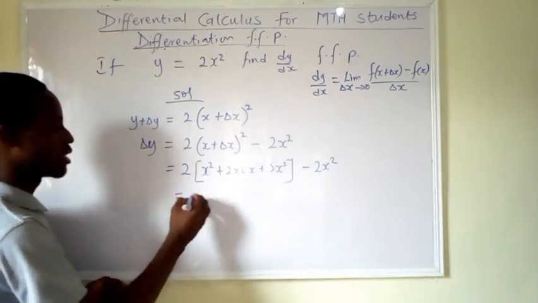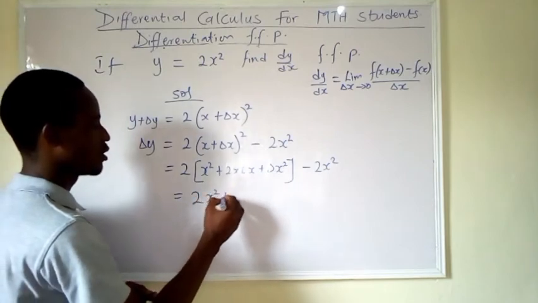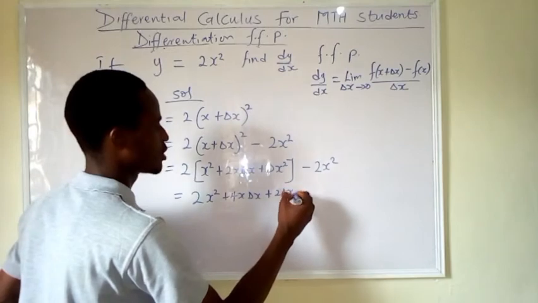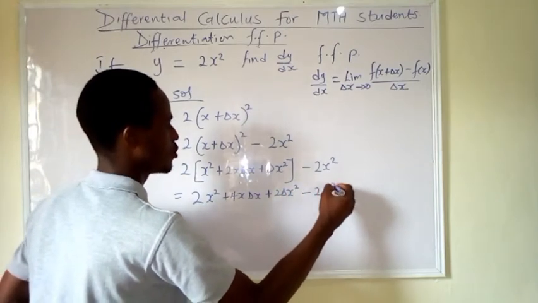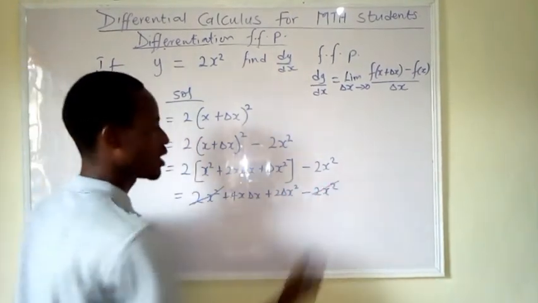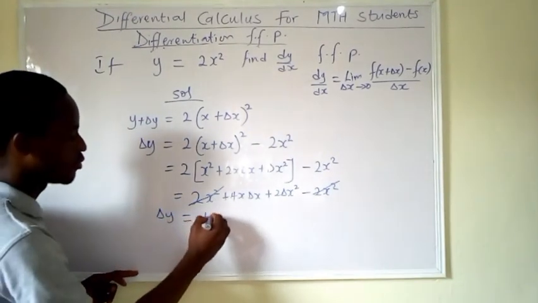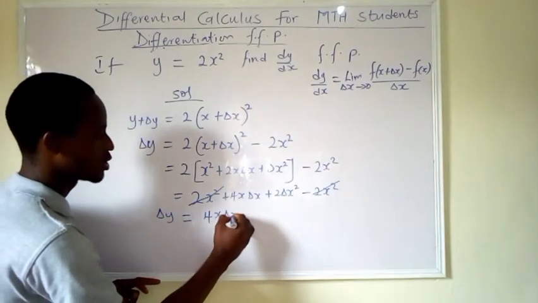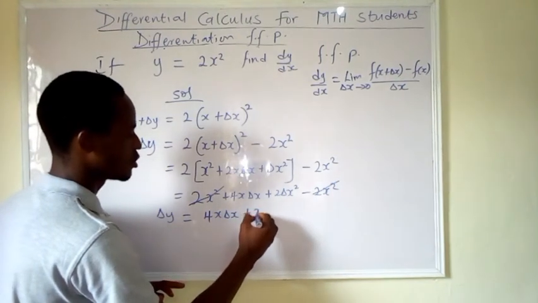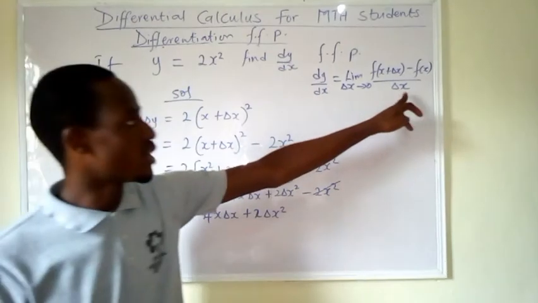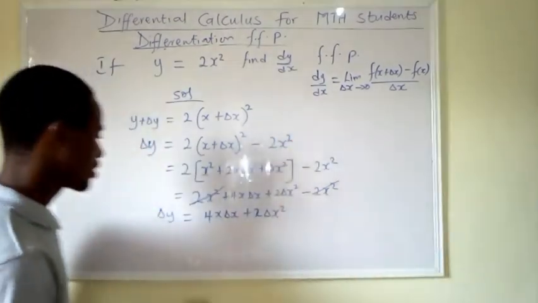So I would have 2x squared plus 4x change in x plus 2 change in x squared, minus 2x squared. The 2x squared terms cancel. So my change in y is equal to 4x change in x plus 2 change in x squared.